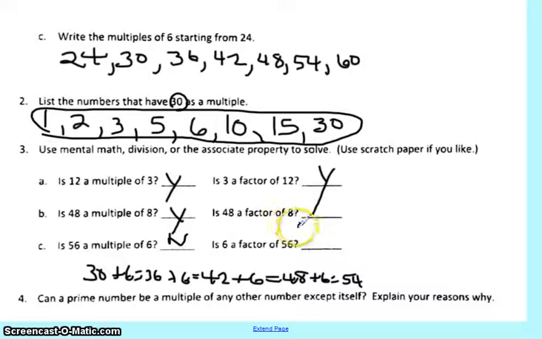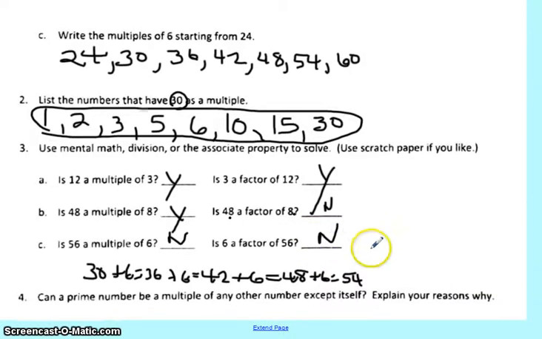Is 48 a factor of 8? Well, no, it would have to be reversed. We could say 8 is a factor of 48, but 48 is not a factor of 8. It's still a multiple. So that would be no. Is 6 a factor of 56? Well, 56 wasn't a multiple of 6, so it certainly can't be a factor.